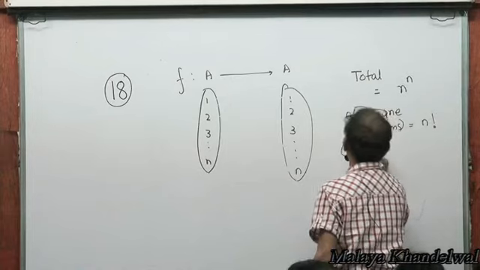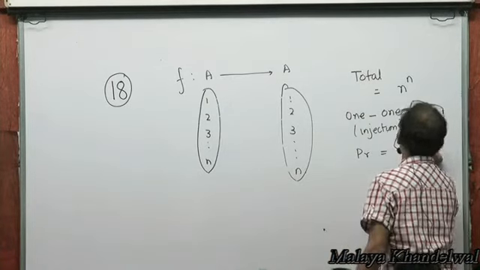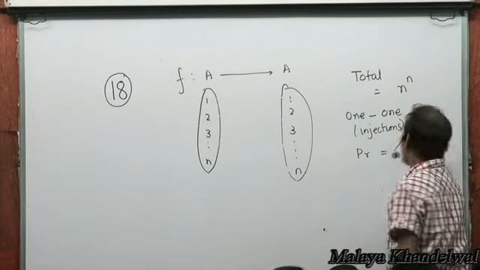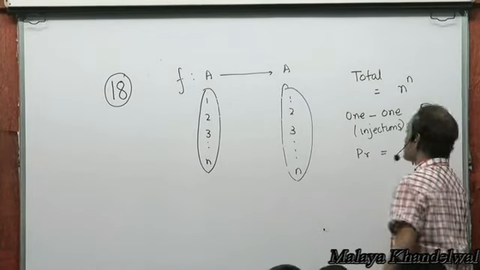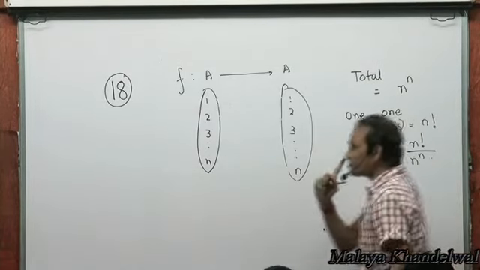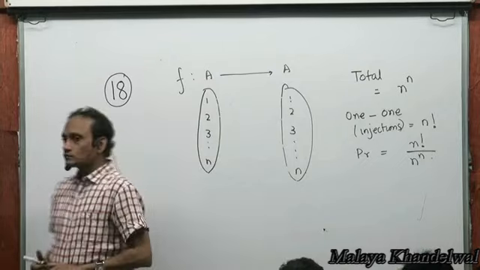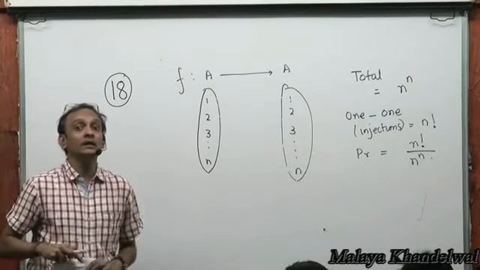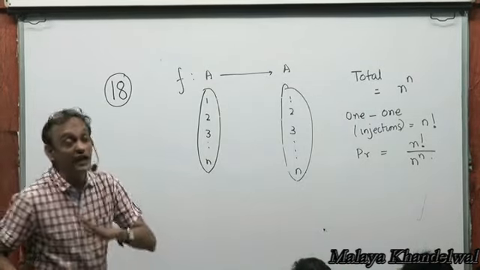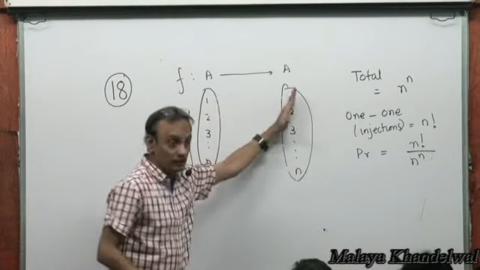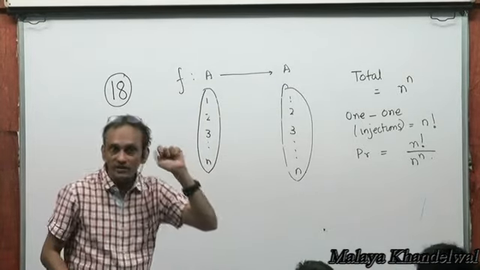So the required probability is going to be favorable ways, these one-to-one maps, divided by the total number of maps. Now if I further said, what is the probability of creating injective maps from A to A? I'm revisiting this.